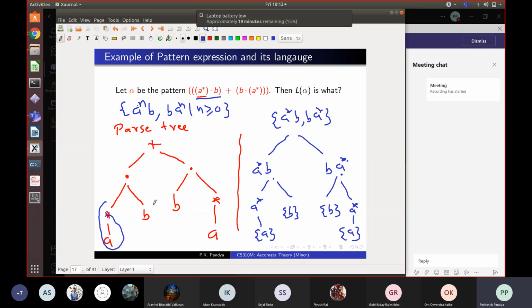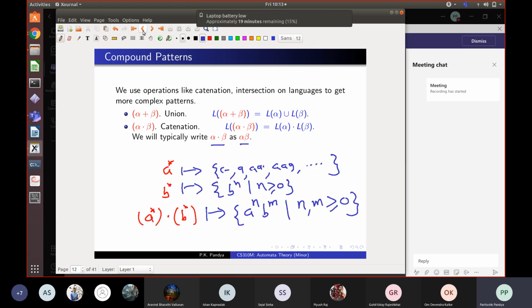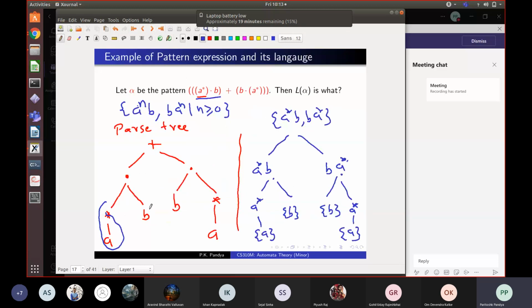So I'll take the catenation of those two languages, and that I define here. I'm saying here, for example, if the pattern is alpha dot beta, then I have to take the language of alpha, the language of beta, and take the catenation. So if I already know the language corresponding to these two subtrees, then I can calculate the language corresponding to this dot, because it denotes catenation.